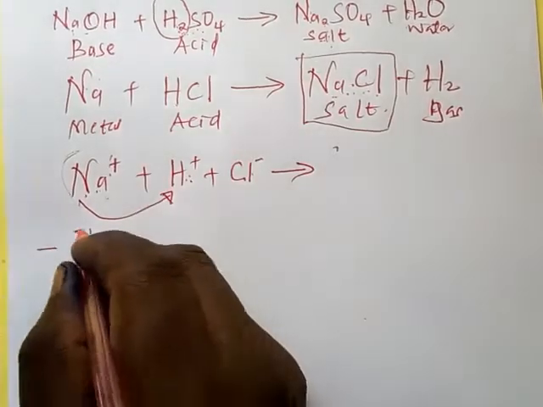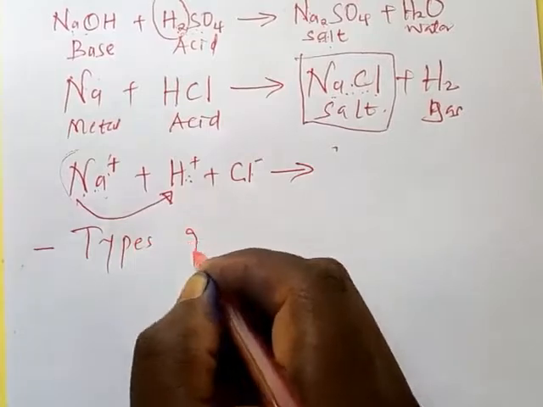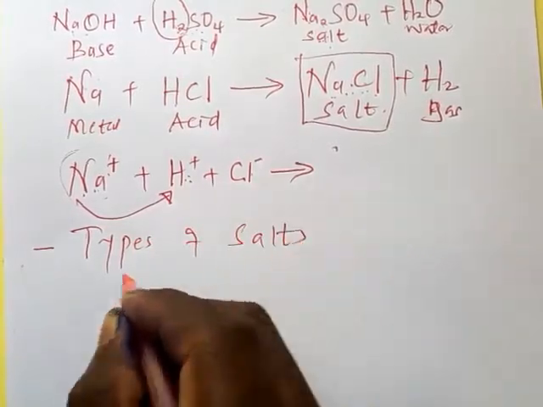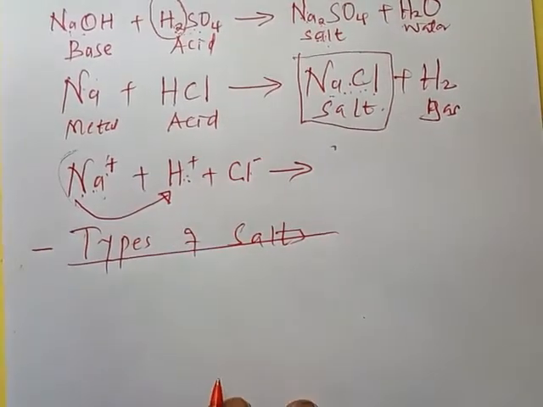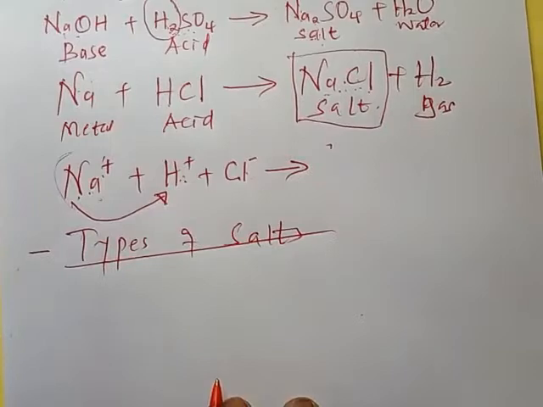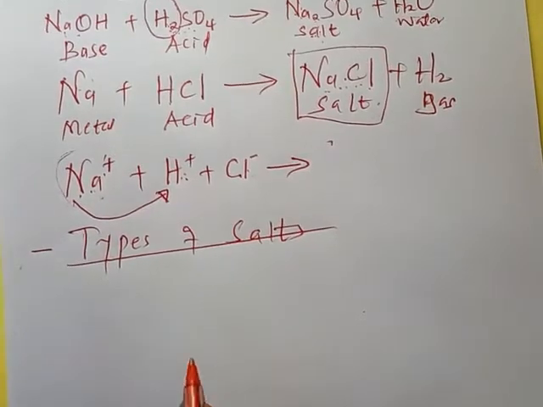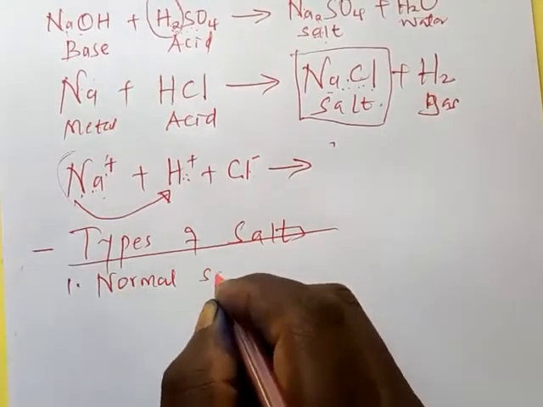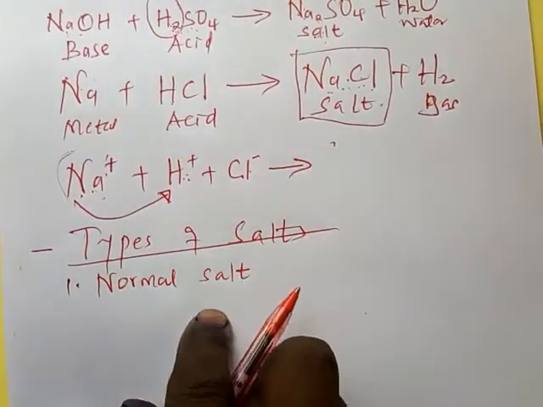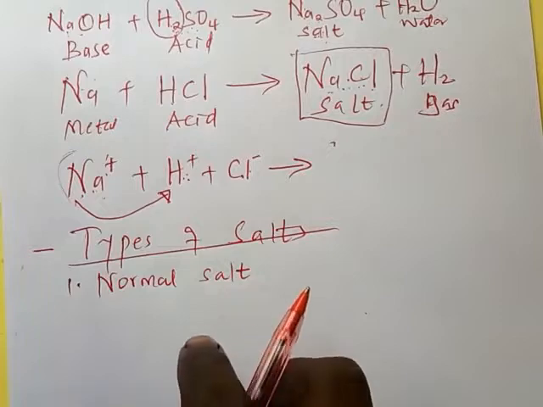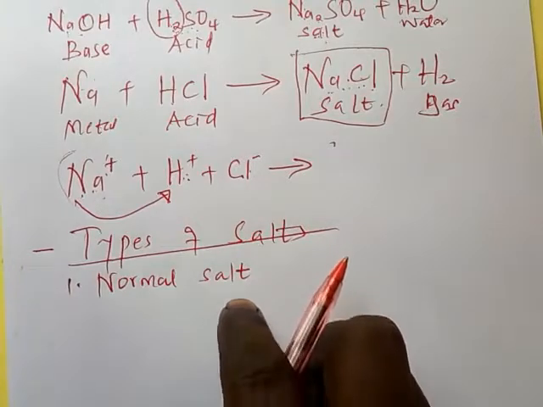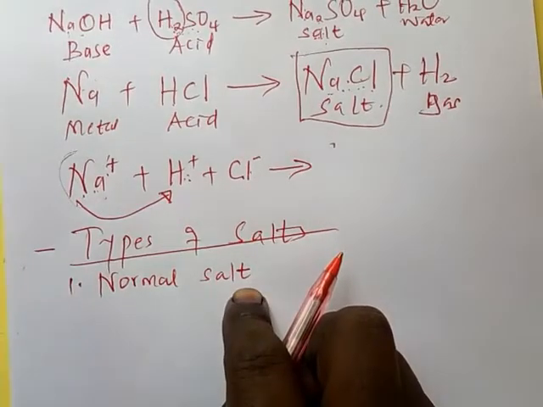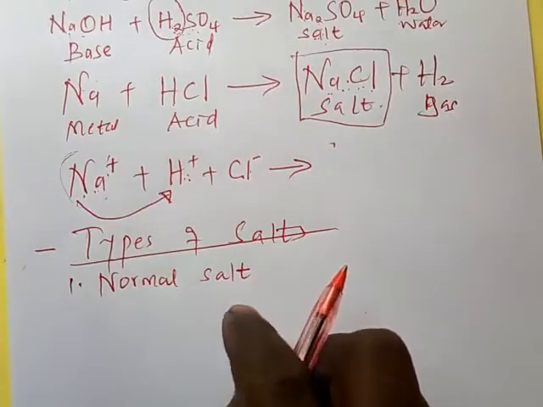We have different types of salts, actually 4 types. Number 1, the normal salt. A normal salt is a salt which does not contain any replaceable hydrogen in it.